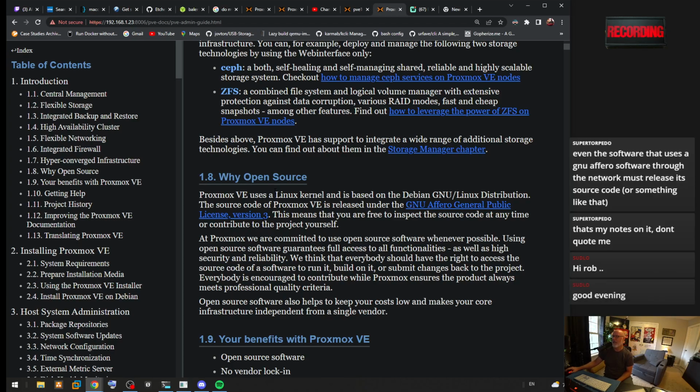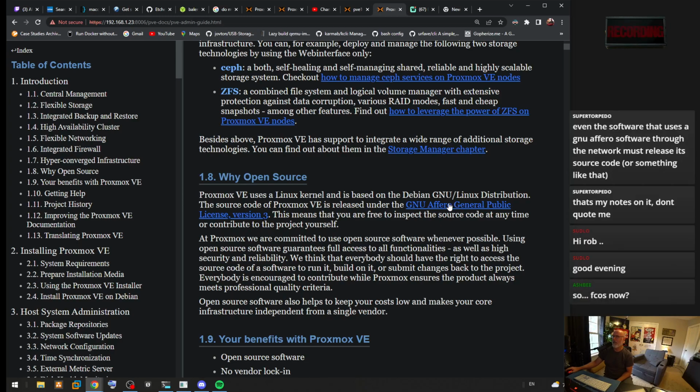Any corporation that has a decent legal team will never put Proxmox on anything on which they're also doing proprietary development of any kind, because this license is so huge and so full of legal problems that they're not going to do it.